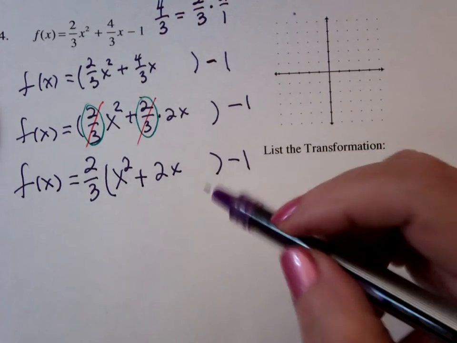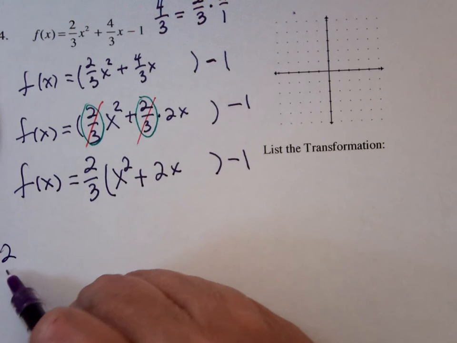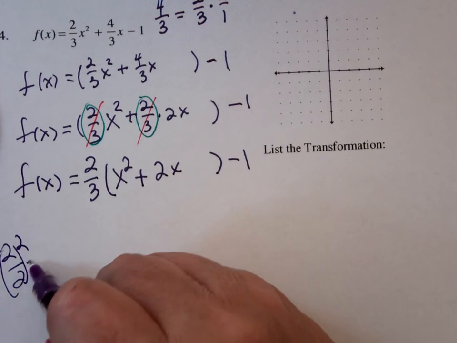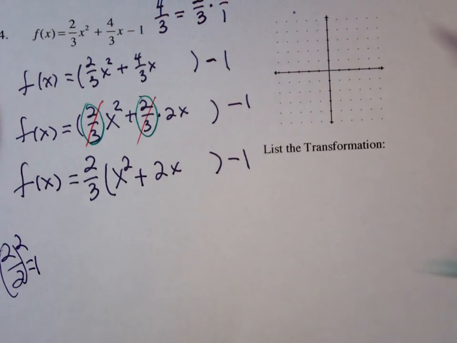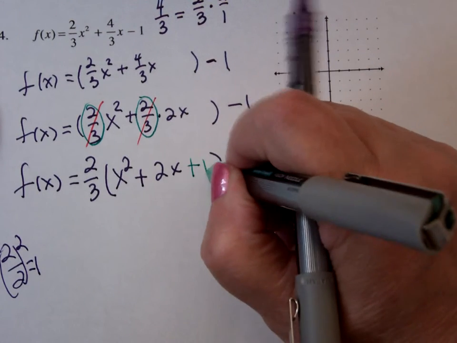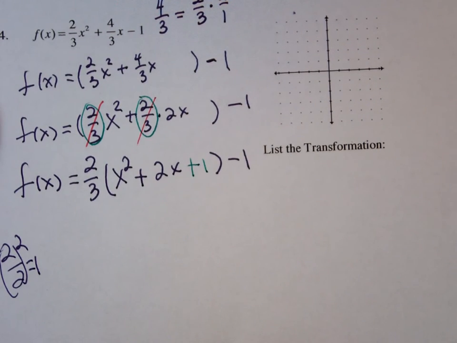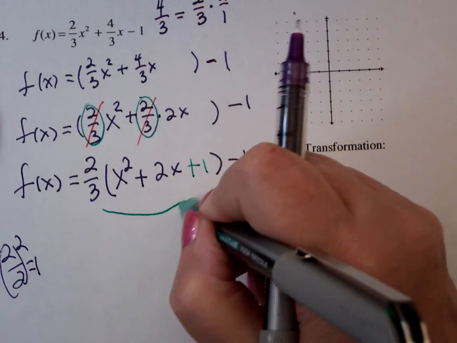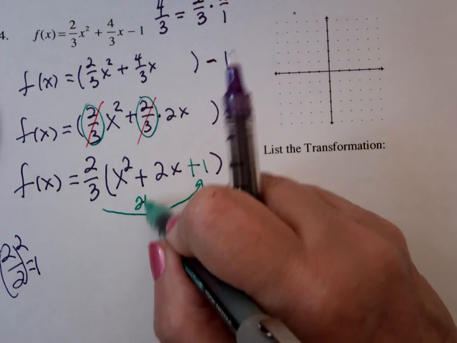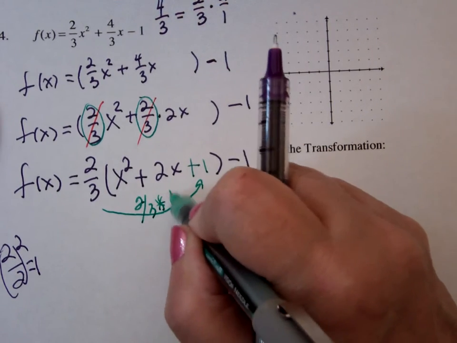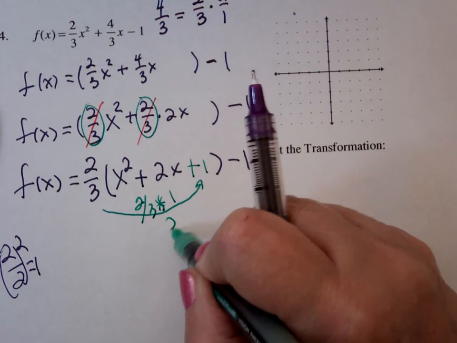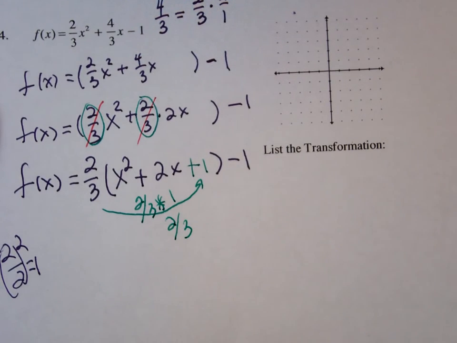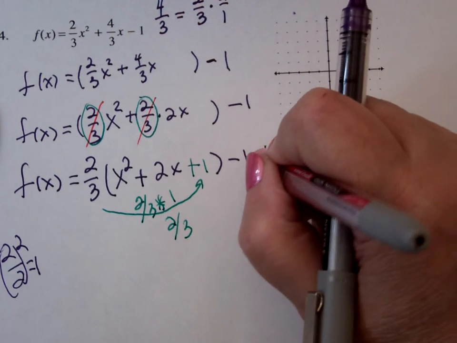Now I complete the square on the x's by taking half of 2, squared, which is 1. That means I'm going to add 1, but I didn't add 1. I added 2/3 times 1. I actually added 2/3. So if I added 2/3, what am I going to have to do? Subtract 2/3.